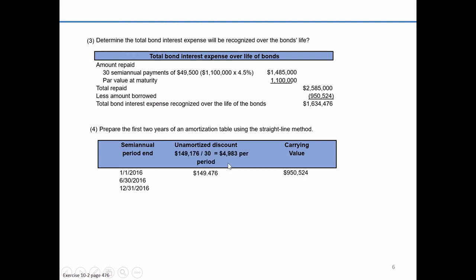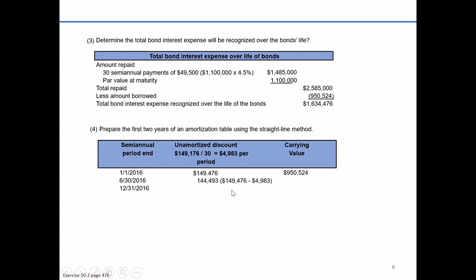Every single 6-month period, because we're using straight line, we're going to equally amortize or lower the amount of unamortized discount by $4,983. Remember, we took the whole entire discount of $149,476 divided by 30 periods on our slide before that said we're equally going to lower our discount by $4,983 every single period.